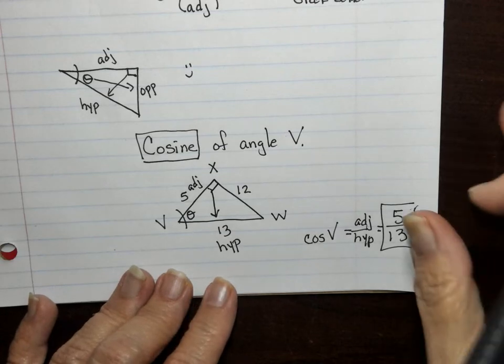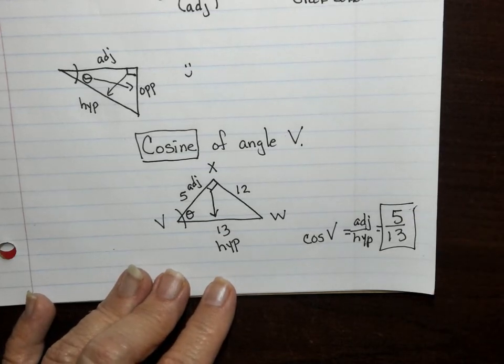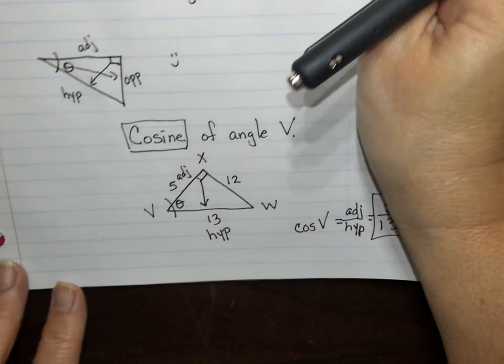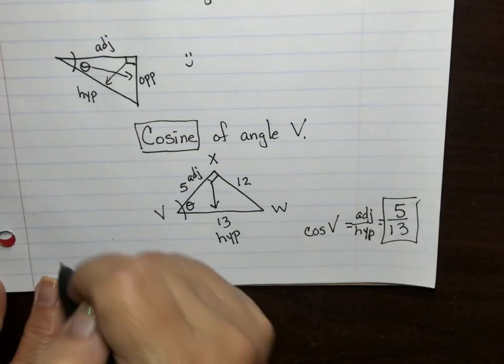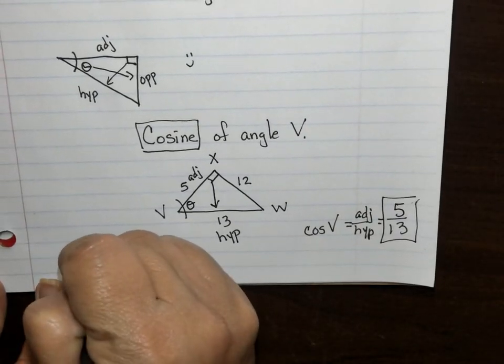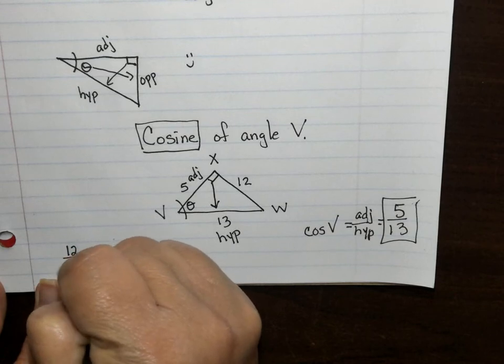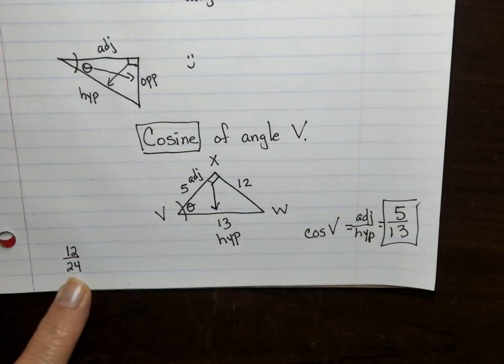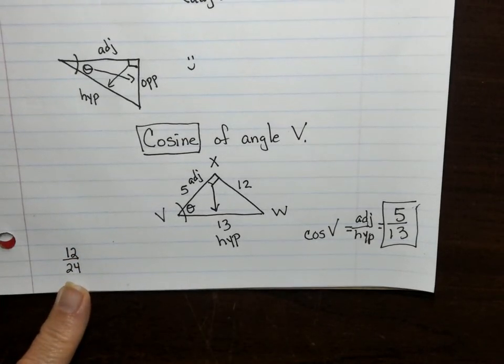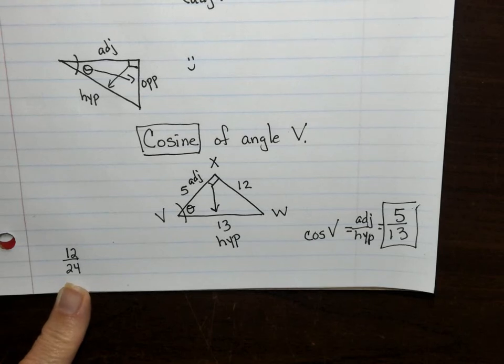Now, one tricky thing before you start working on your IXL is, what if you do a problem and your answer comes out to be 12 over 24? If you type that in your IXL, it's going to say wrong, because they want you to simplify, right?